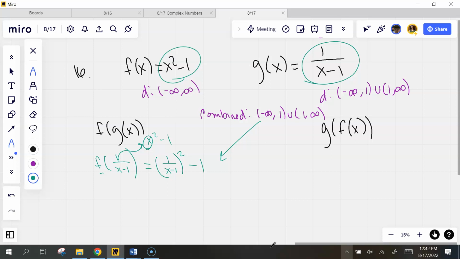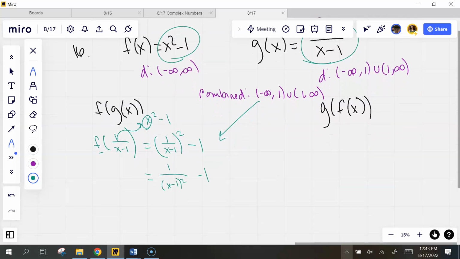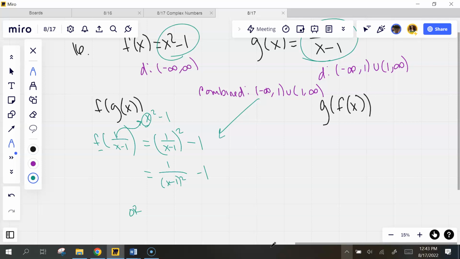And you could simplify this some if you wanted. It's not a solving kind of problem, it's just a simplifying problem. I already found the domain. It's still the same. It's the combined domain.